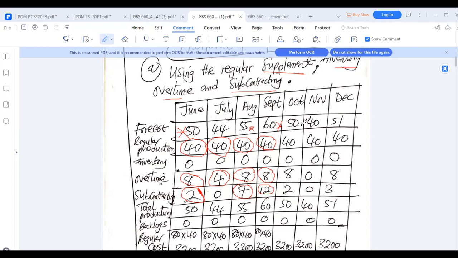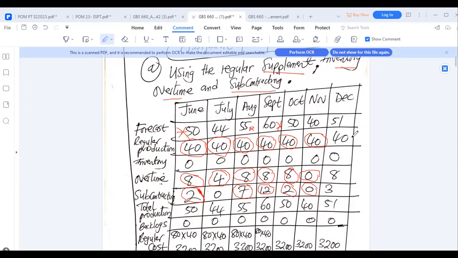Getting down to October, we have the forecast of 50. Then we have 40 there, meaning that we can have overtime of 8 and subcontracting of 2, which is making us meet the demand forecast of 50. Then we have the 40 units in November, meaning that there is no overtime and no subcontracting, so we would have met our demand.